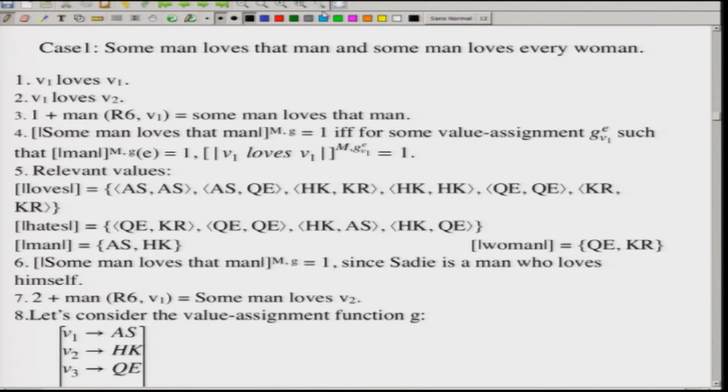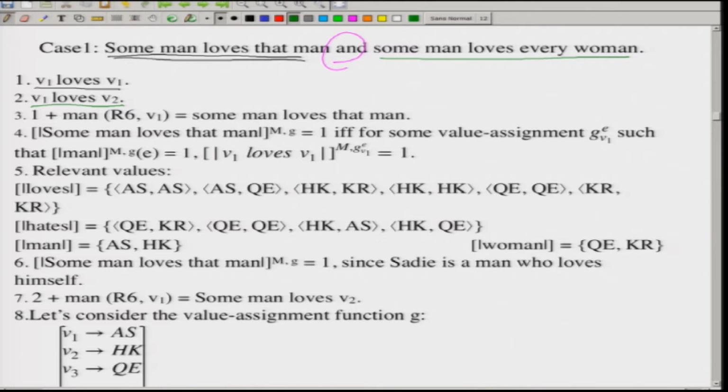Now, we get back to the first sentence, which was "some man loves that man and some man loves every woman." We have parts 1 and 2, and they are glued by this conj. That is the reason we need to compute these two statements separately. First we do this one, which is this statement, and secondly we will do this one.